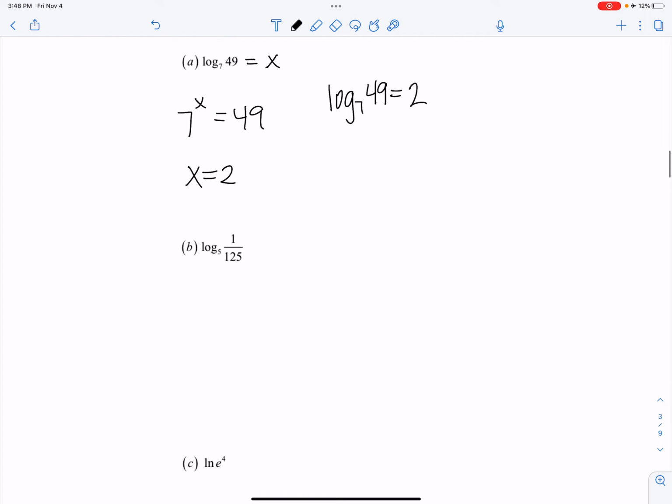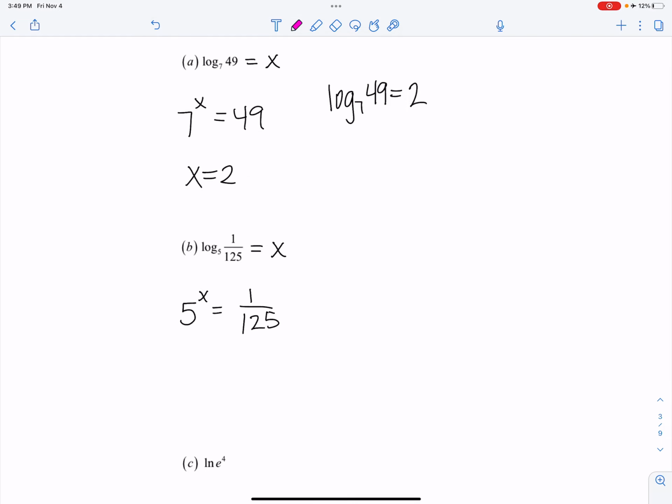Okay, what about log base 5 of 1 over 125? What is the value of that one? Well, let's think. 5 raised to a power is 1 over 125.